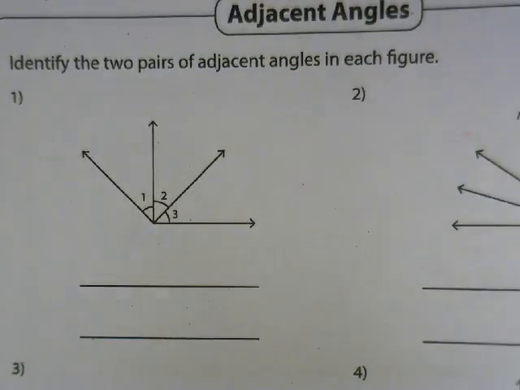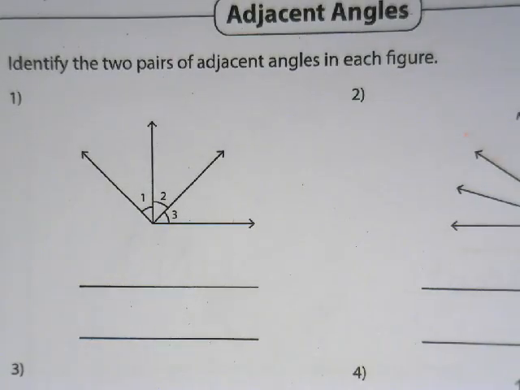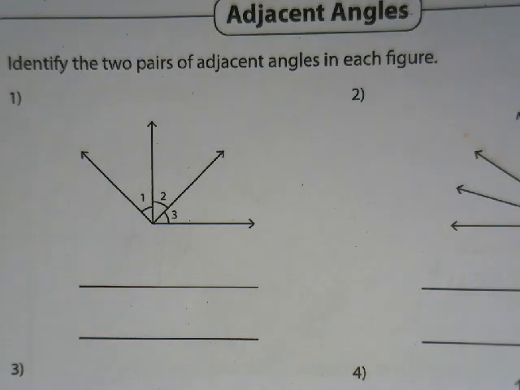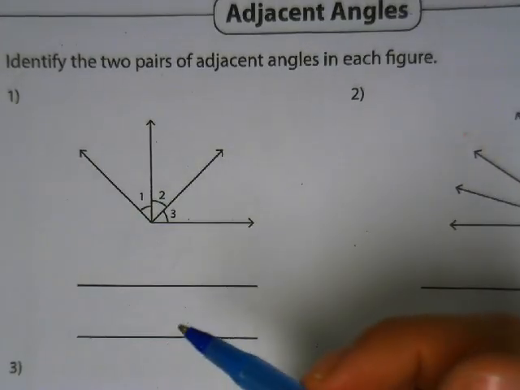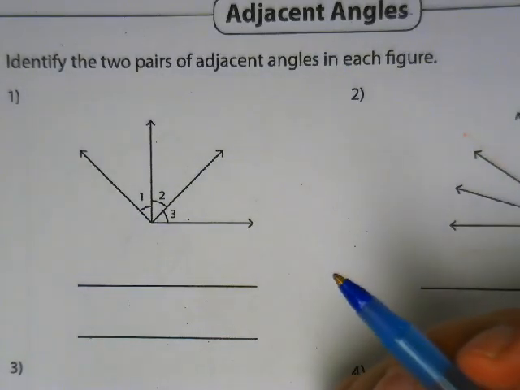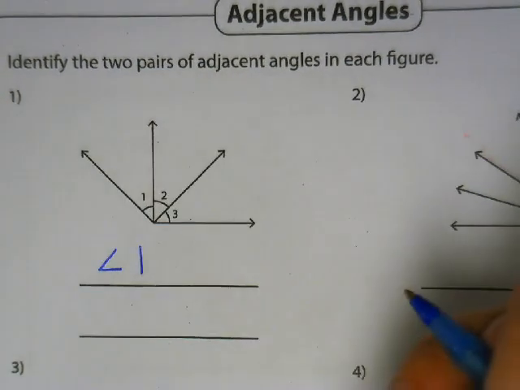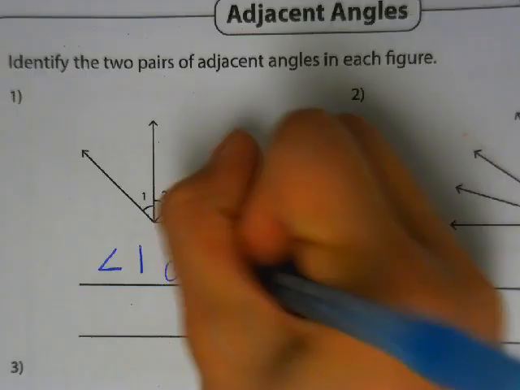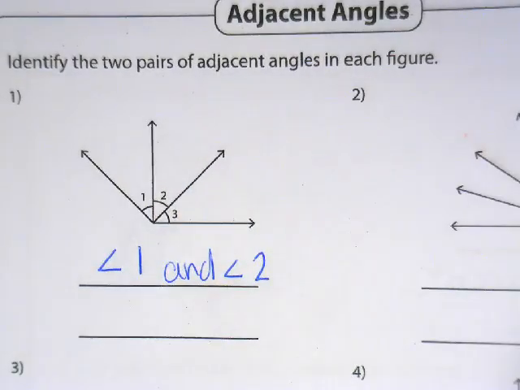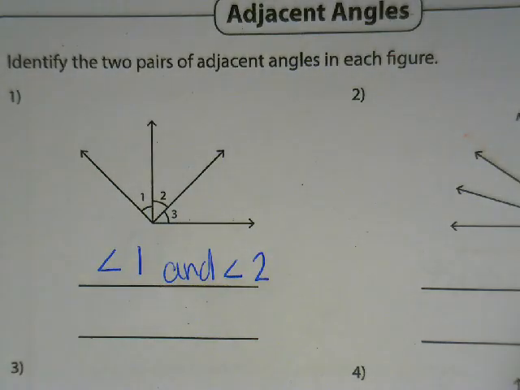It's actually really easy. I think it's easier than yesterday's. Identify 2 pairs of adjacent angles in each figure. So you're going to make 2 pairs. Number 1, can you name 1 pair of adjacent angles? Angle 1 and angle 2. What's another pair?